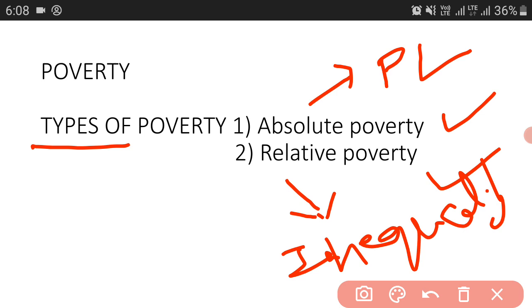Okay, now for giving you a clear perception about the difference between these two, I will take an example.